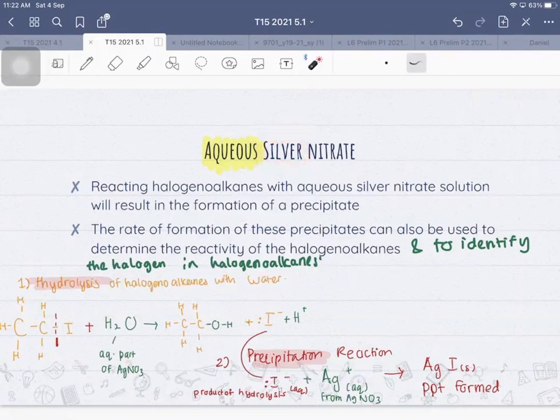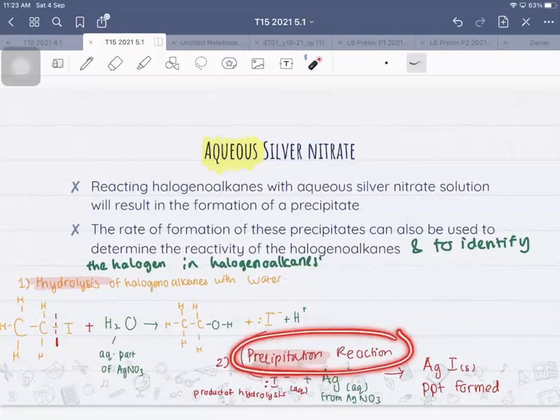Silver ions are actually a test for halides. If you remember from your qualitative analysis notes, silver ions are used to test for halides as they produce a precipitate, and different colored precipitates represent different halides present.